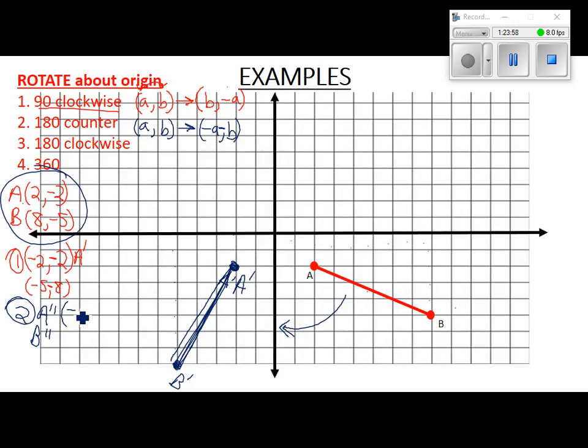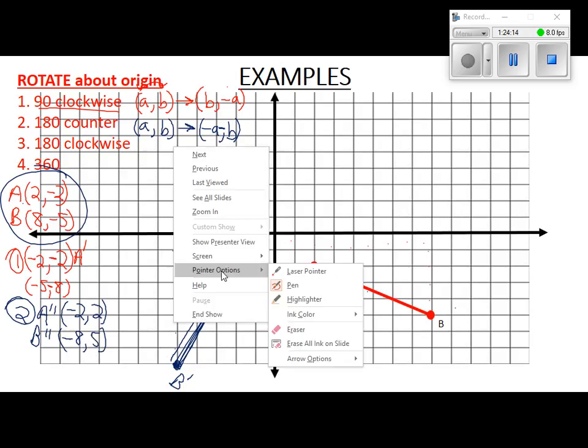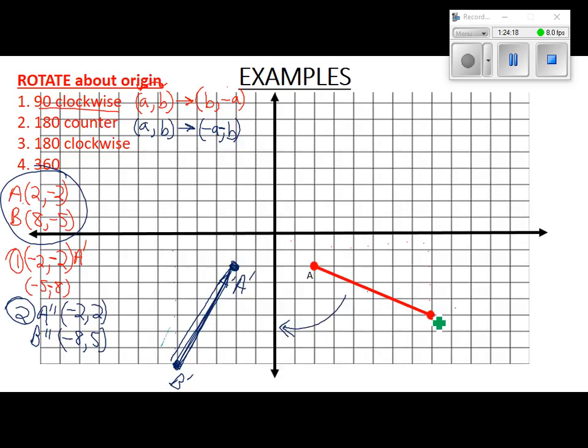So it's going to be a -2, +2 for A double prime. And then B double prime is going to be a -8 and a +5. Let me change my color again here. We go -2, +2.